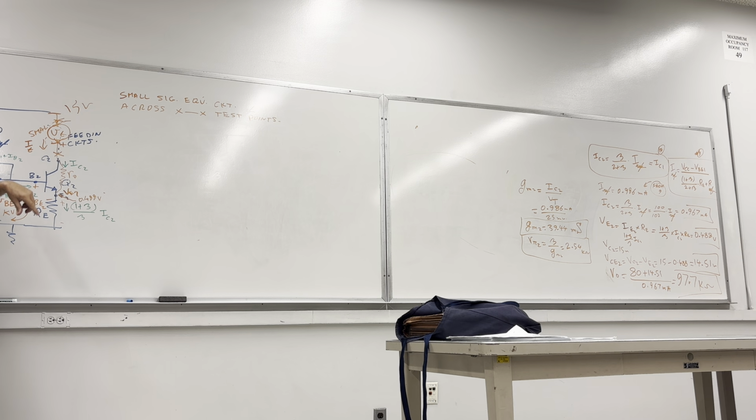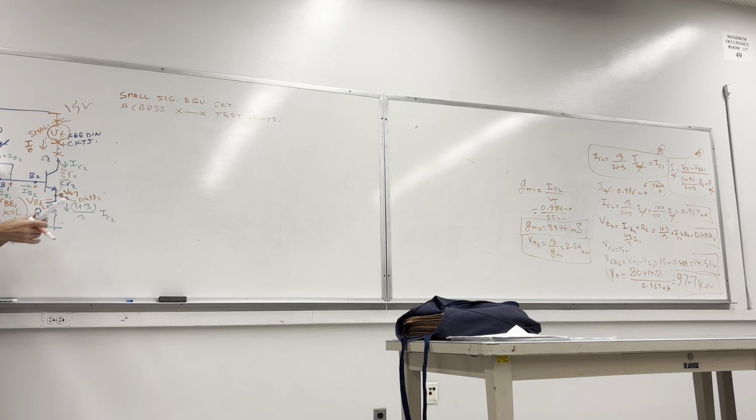But don't forget what I said about that equation for RO. RO is VA plus VCE over IC, right? VCE here is 0.7. VCE here is around 15 volt, 14 volt, it's big. But look at that. Whether you take that as 0.7 volt or you take it as 14 volt, VA being in the hundreds of volt, it's not going to make that much of a change on RO because both collector currents are nearly the same. So you can argue that RO for both are the same.